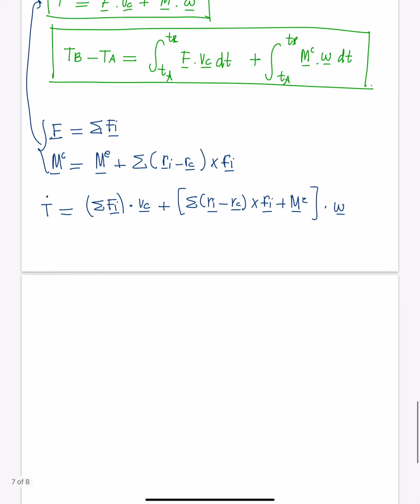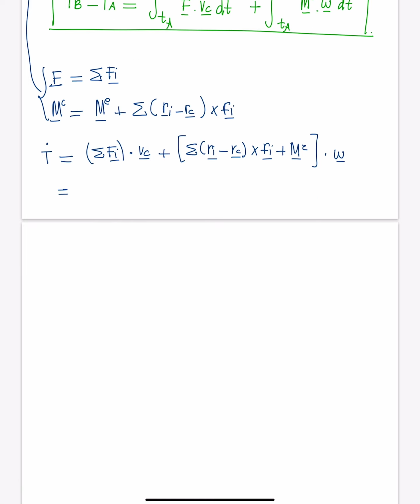The sum goes from i equals 1 to n, where n is the number of the discrete forces Fi acting on the system. Okay, and now omega and Vc, I can put them back inside the sum because the sum does not depend on them, plus the sum of Ri minus Rc crossed with Fi dotted with omega plus Me dot omega.